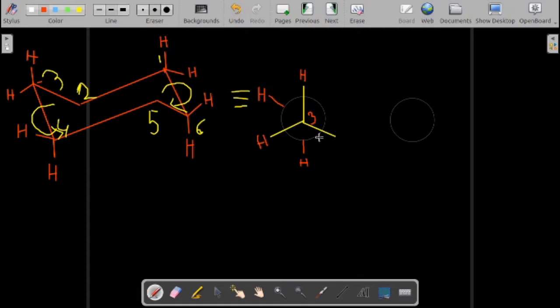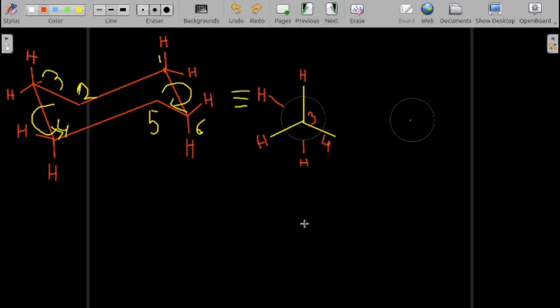So this is the C4 carbon. Now this is the CH2 for the C3 carbon.